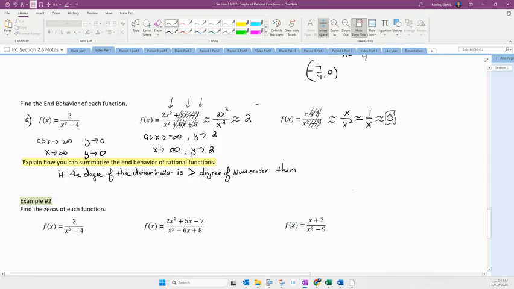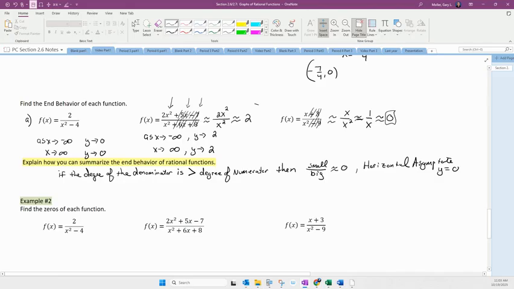The degree of the bottom outgrows the top, so you get small over big. That leads to small over big, which is basically 0. So you have a horizontal asymptote of y equals 0.